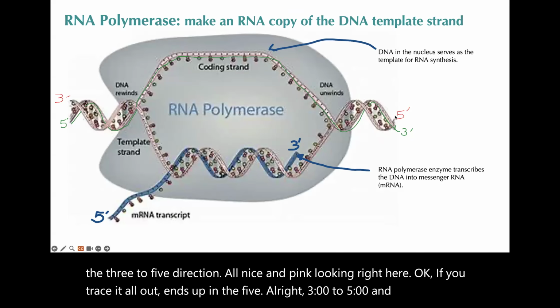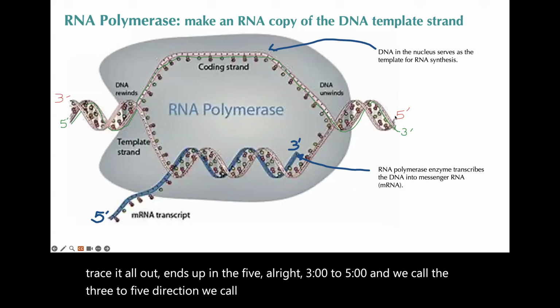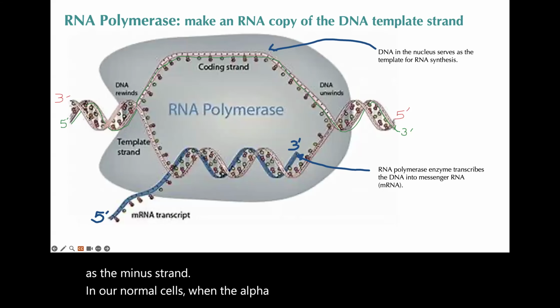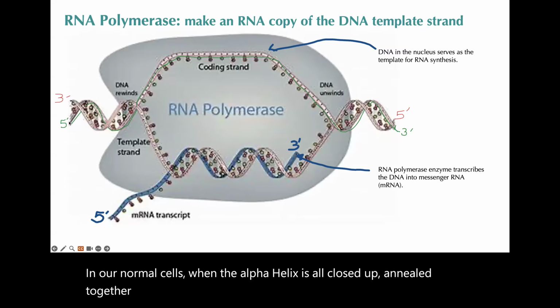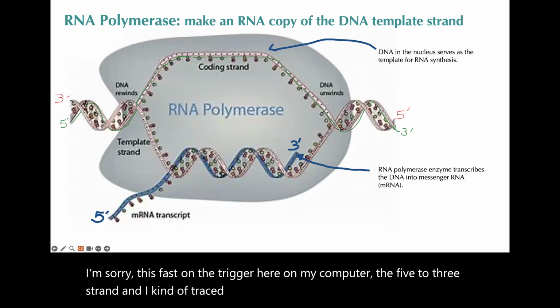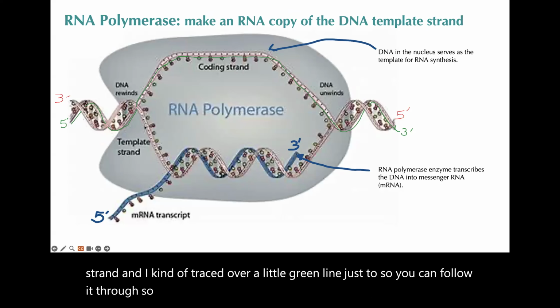And we call the 3 to 5 direction the minus direction, or we refer to that as the minus strand. In our normal cells, when the double helix is all closed up and annealed together, the 3 to 5 strand is associated with a 5 to 3 strand. I kind of traced over a little green line just so you can follow it through. So it's always going 5 to 3.